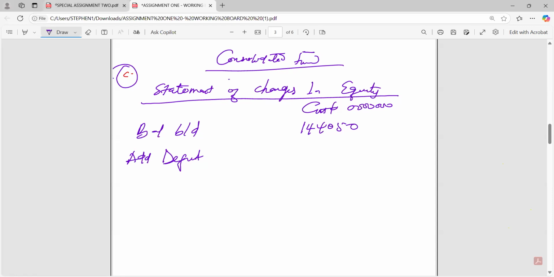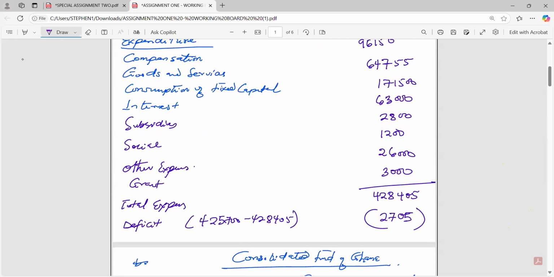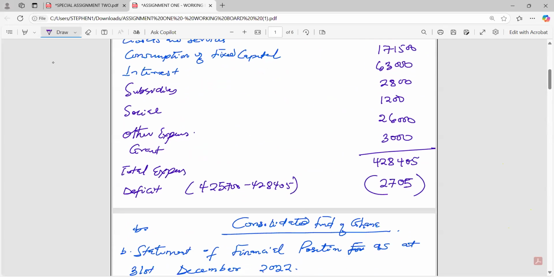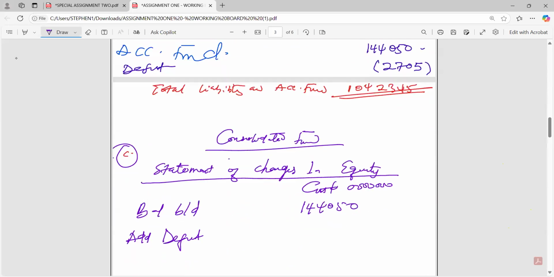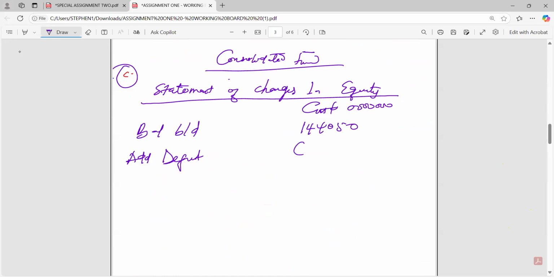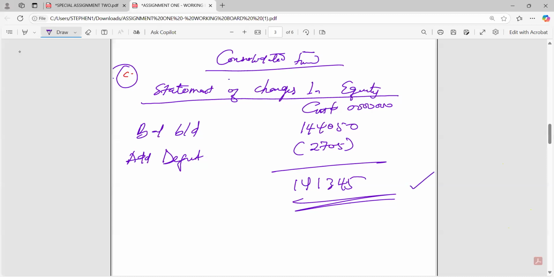The deficit was 2705. It was deficit. 2705. So answer, please. 141345. So this is the statement of change in equity.